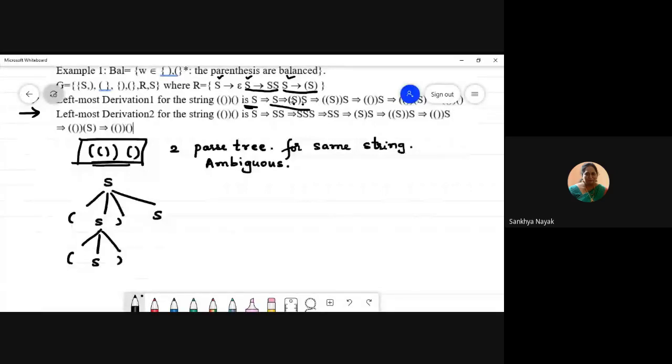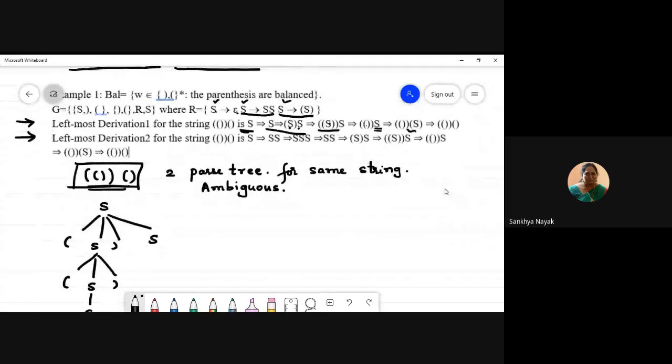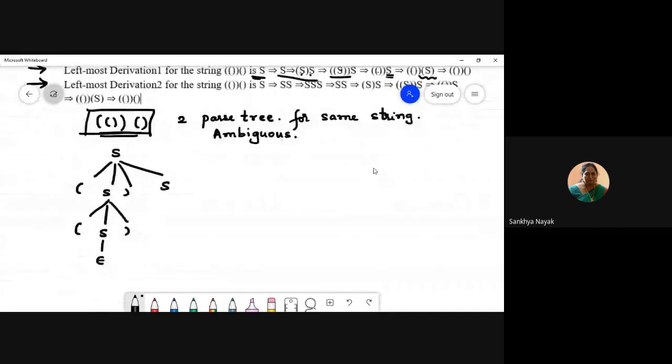Then you can see this S disappearing, which means I have substituted S with an epsilon. In the next step, this S is expanded as open bracket, S, and closed bracket.